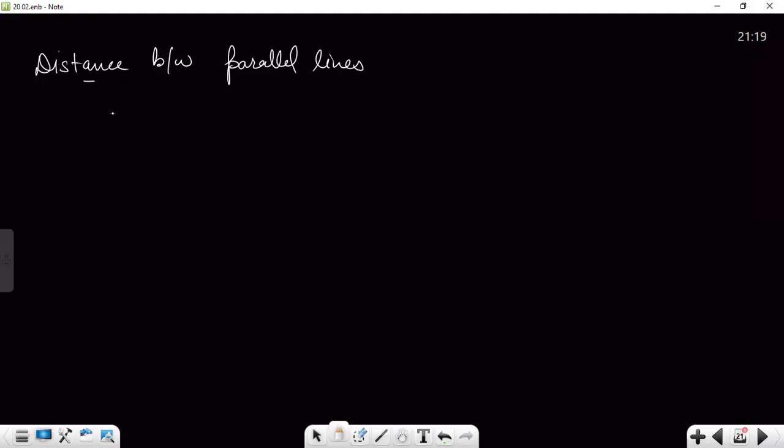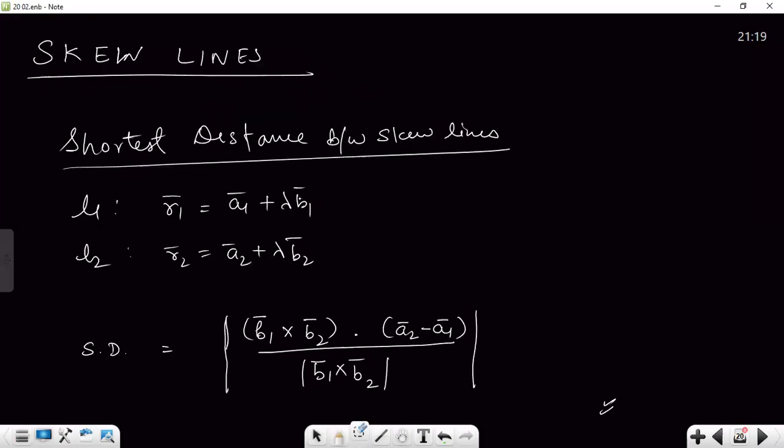For parallel lines, there will be only one difference in their equations: their directions will be similar. Oh, sorry, R will not have any, because that's a general point.